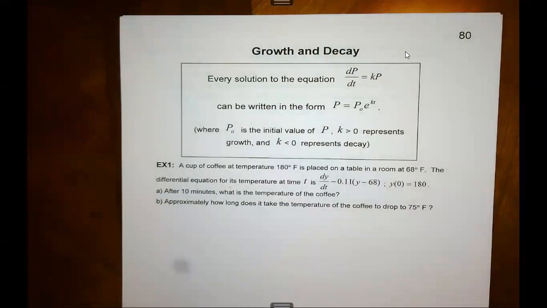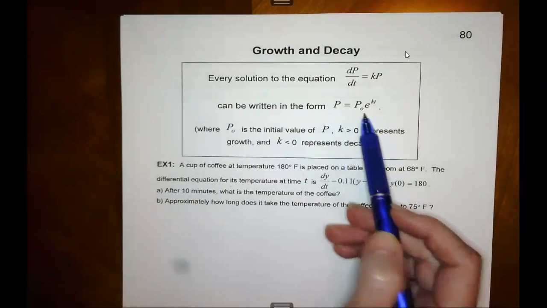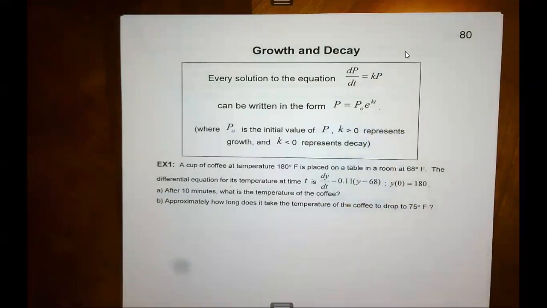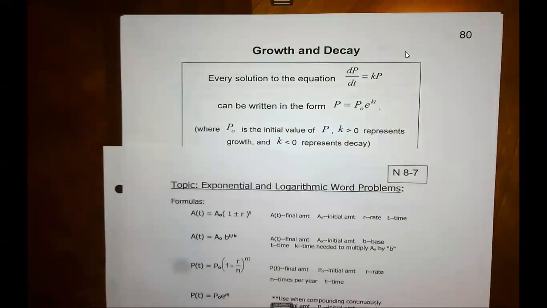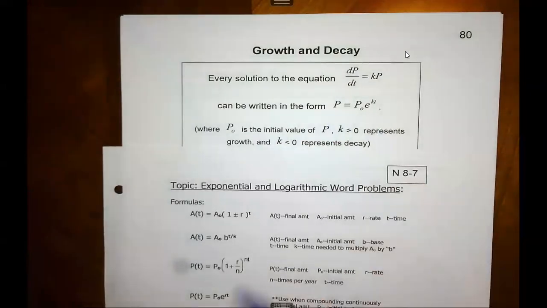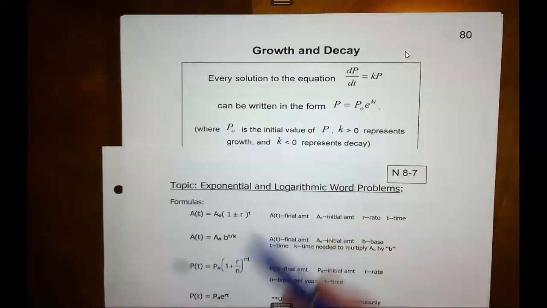That same formula that we end up with is a formula that you guys used in pre-cal. So over a year ago, we had these notes in pre-cal, 8-7 notes, and we had all of these formulas that we use for word problems for exponential growth or decay.